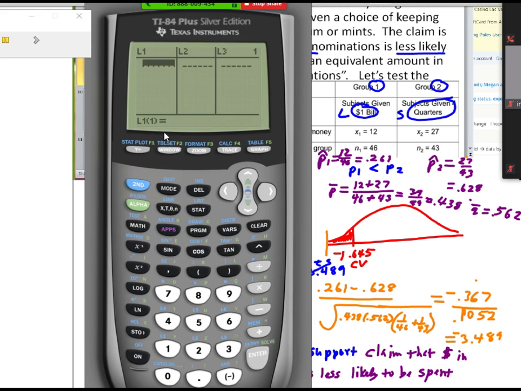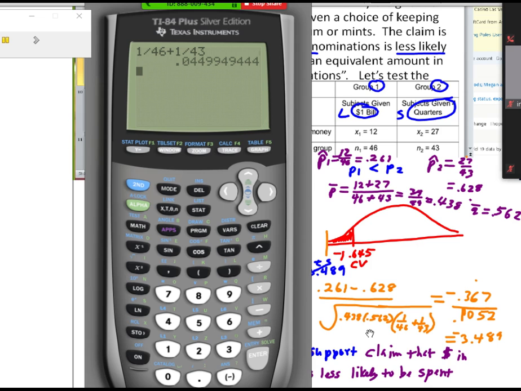So here I've got 1 divided by 46 plus 1 divided by 43. Enter, that's my parentheses. Then the next part is to work my way out, multiply by these two numbers. Since multiplying is commutative and associative, I can just multiply them. So times 0.438 times 0.562, and I get 0.011008.